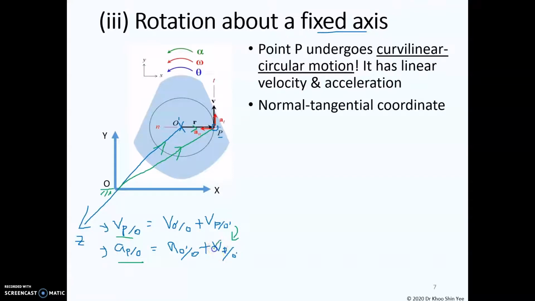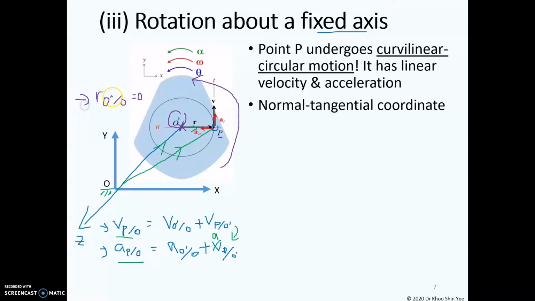After you differentiate this equation with respect to time, you should obtain the acceleration. There is a typo here. This should read a. In this case, the rigid body is rotating about the fixed axis, which is the center of mass. When you observe the motion of O prime with respect to O, you obtain the displacement of O prime with respect to O equal to 0, as the center of mass doesn't move during the rotation.